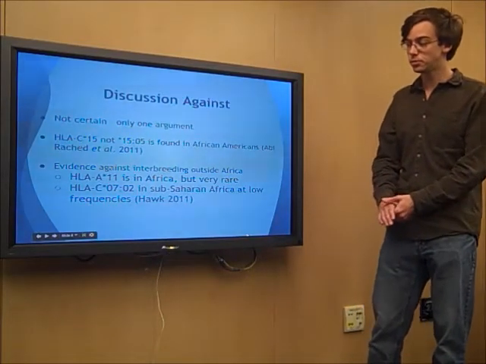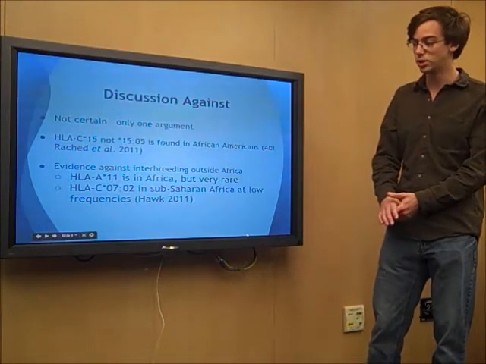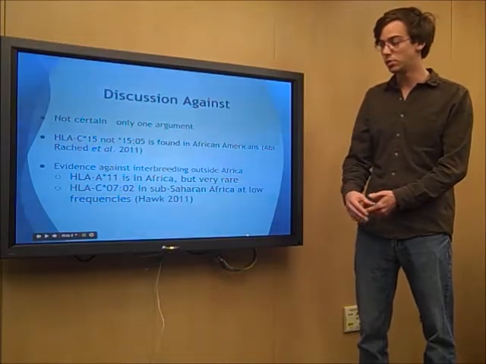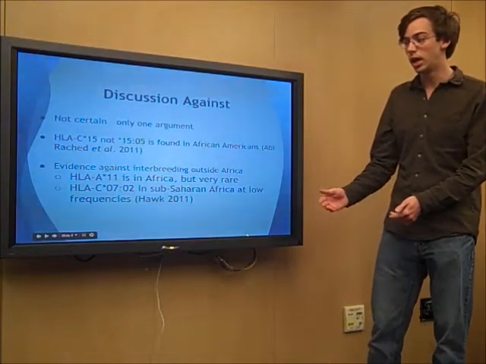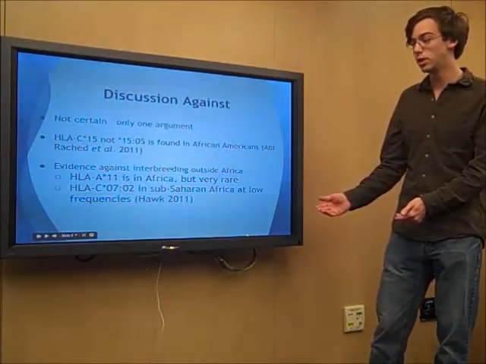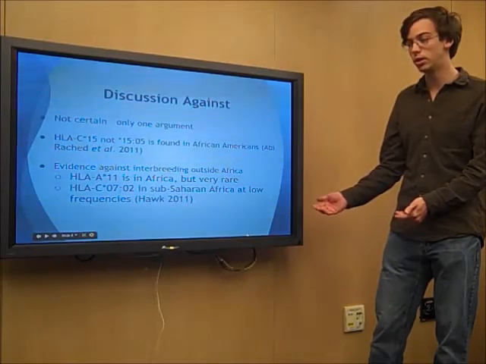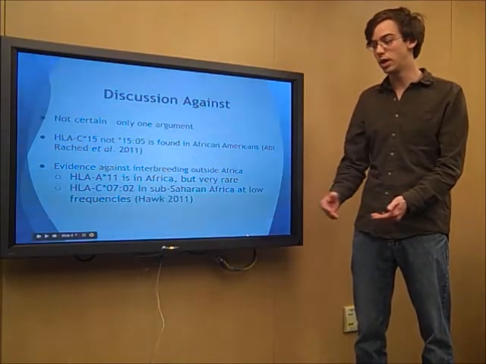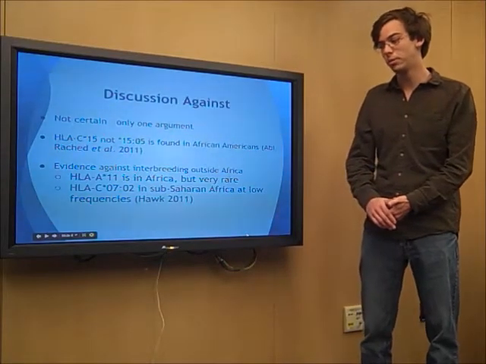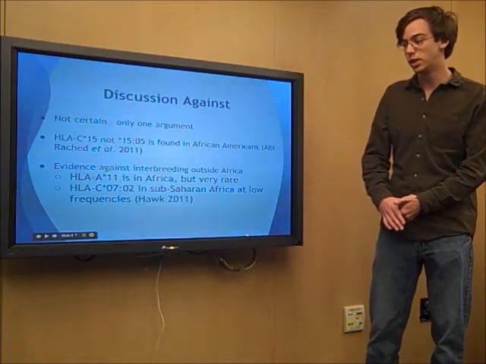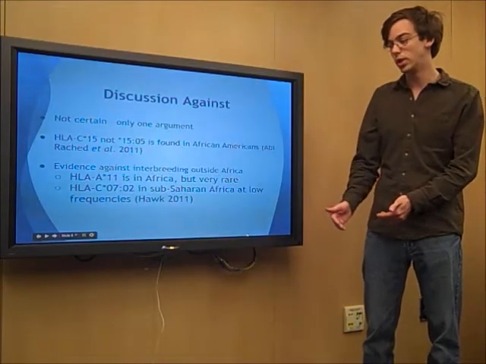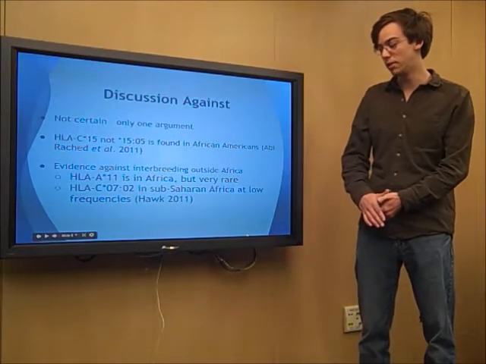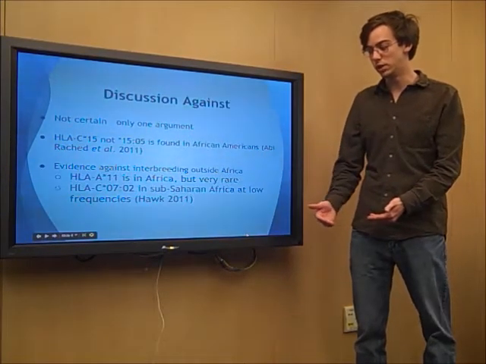John Hawks has some ideas on that, and he has written about how HLA-A11 is in Africa, but it's very rare. That's more evidence suggesting that there was not interbreeding outside of Africa. And HLA-C0702 is in sub-Saharan Africa at very low frequencies.